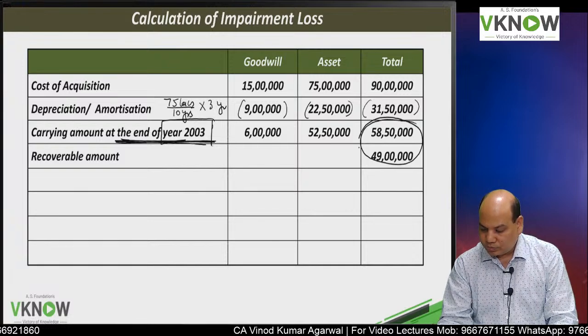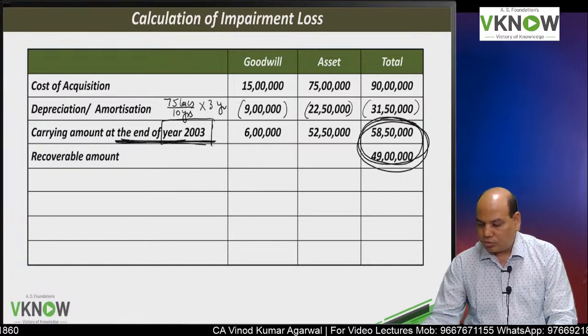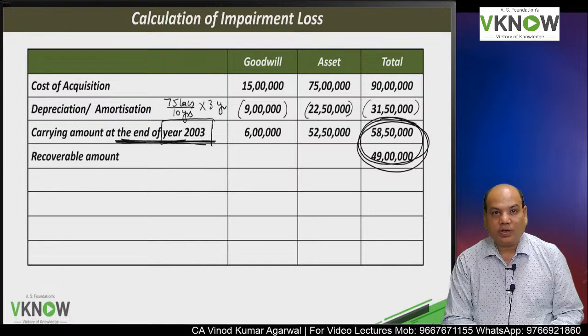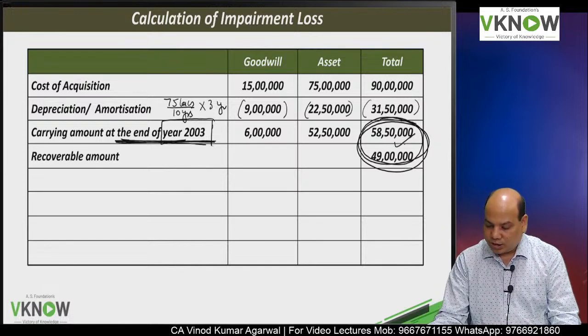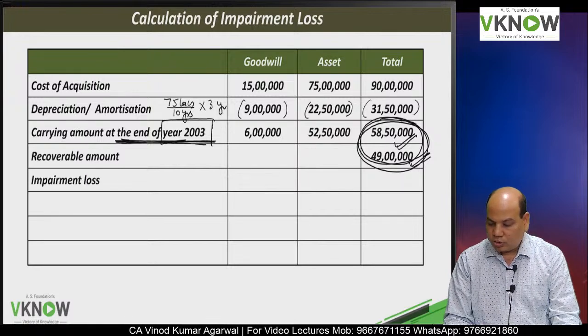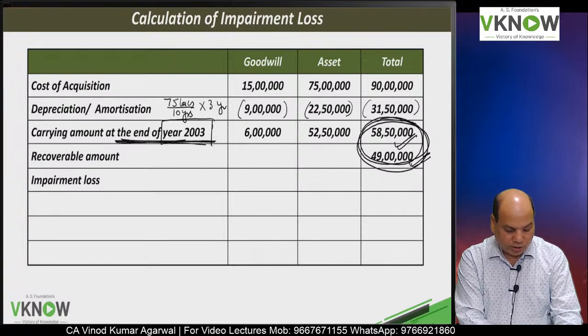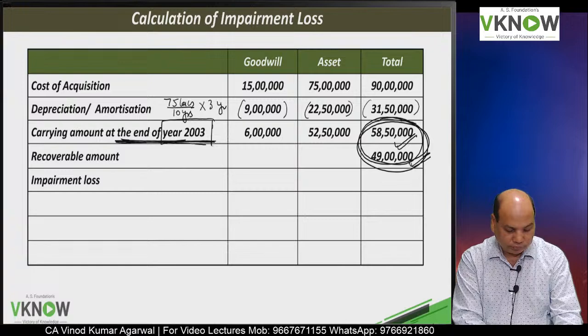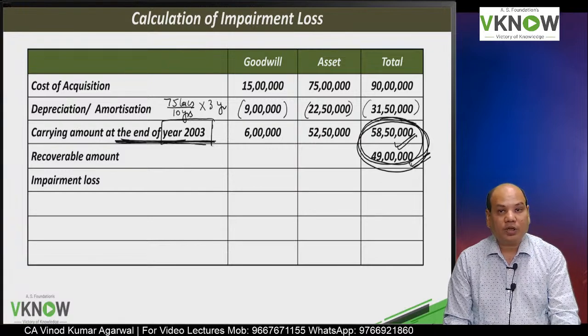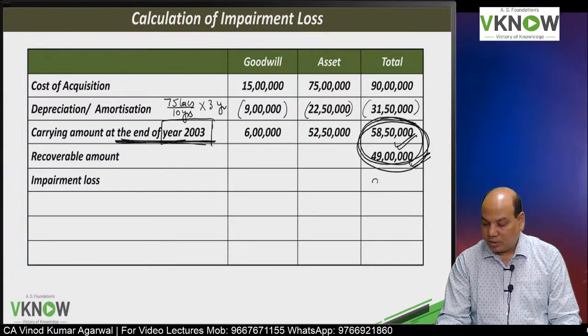Compare these two. Do you think there is an impairment? Yes, because carrying amount is more than recoverable amount. So the impairment loss is, let me calculate, 58 lakh 50,000 minus 49 lakh. 9 lakh 50,000. Impairment loss is 9 lakh 50,000.